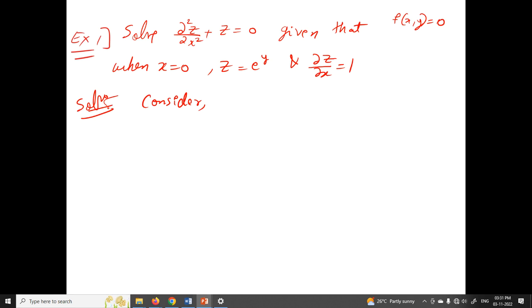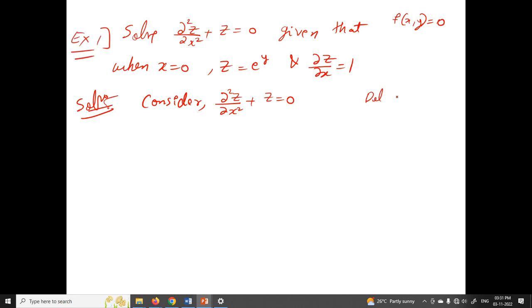So write this equation. In today's class, this example is very important. So just consider this equation, ∂²z/∂x² + z = 0. Please remember this. I already described what del is.